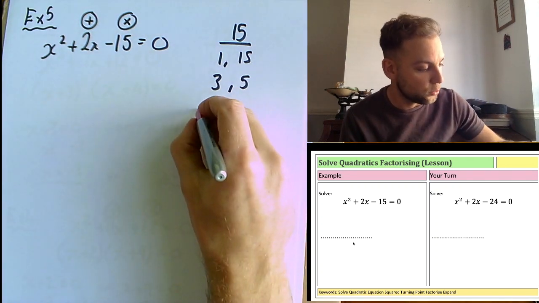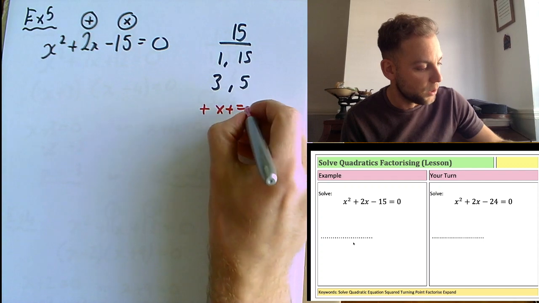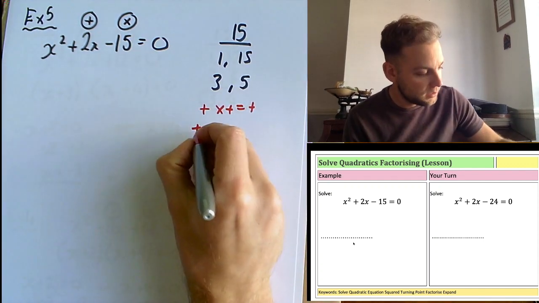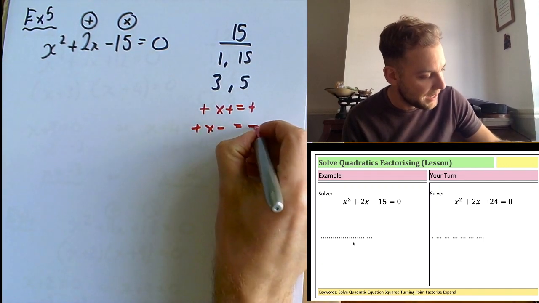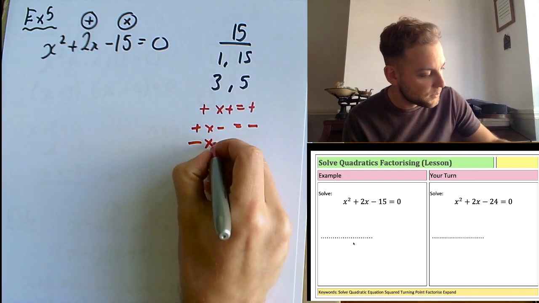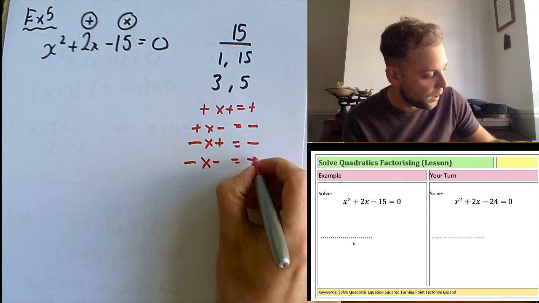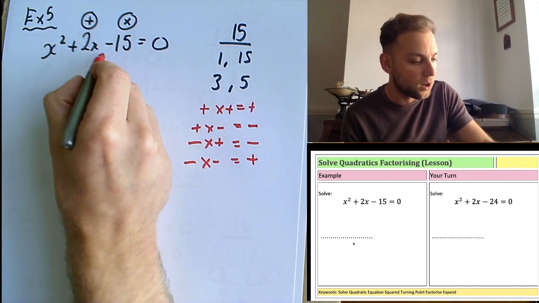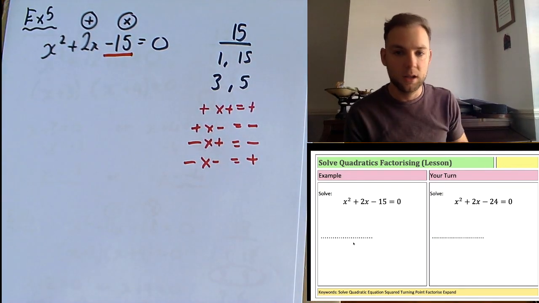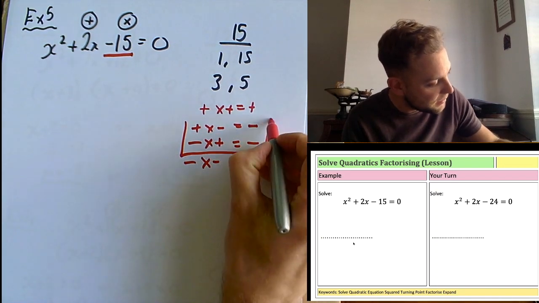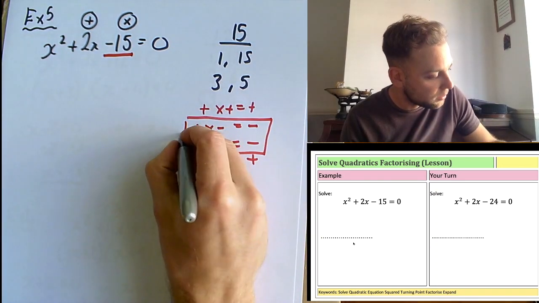In case you're not sure, just put them over here. A positive times a positive is a positive. A positive times a negative is equal to a negative. A negative times a positive is equal to a negative. And a negative times a negative is equal to a positive. So because I've got a negative value, it must mean that these symbols are different.